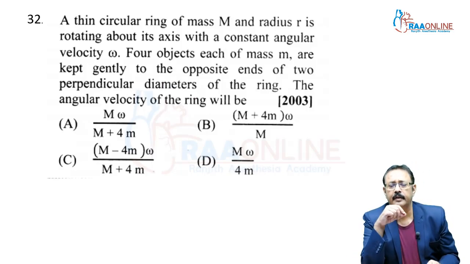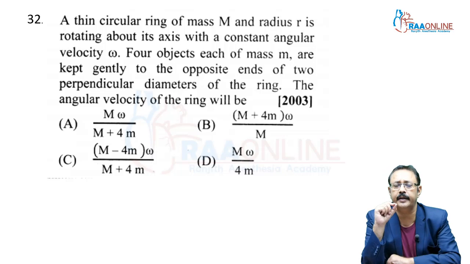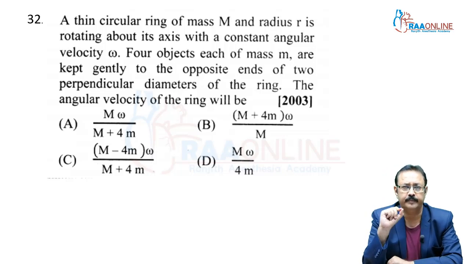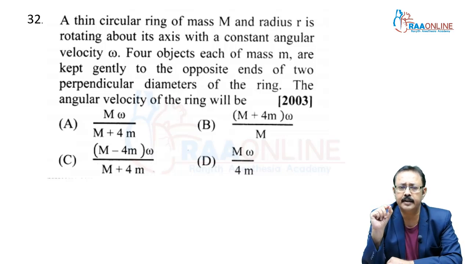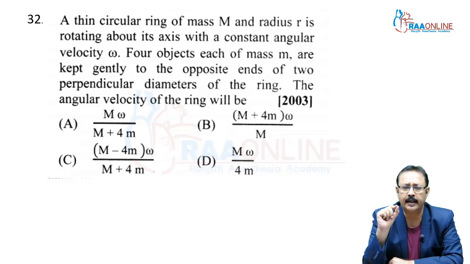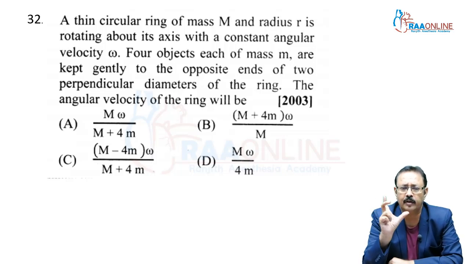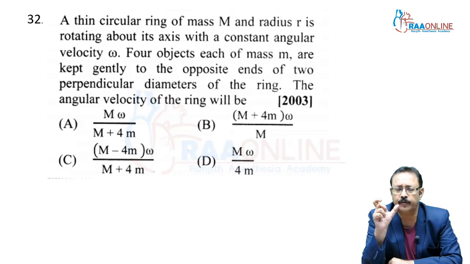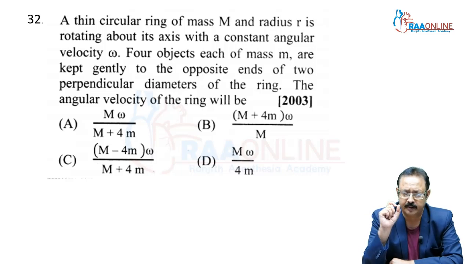Next, it is from 2003 AIPMT. A thin circular ring of mass m and radius r is rotating about its axis with a constant angular velocity omega. 4 objects each of mass m are kept gently to the opposite ends of 2 perpendicular diameters.